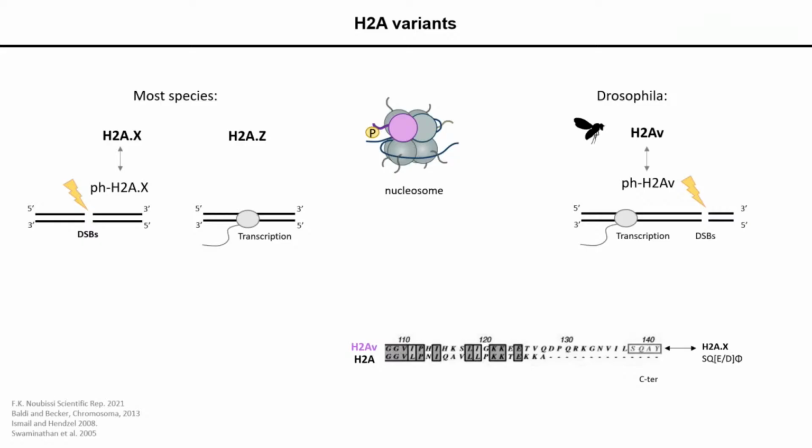And very strikingly, in Drosophila, there's only one H2A variant called H2AV that is combining both features of X and Z. And very interestingly, in terms of sequence conservation, you can see that H2AV is more similar to H2AZ in terms of sequence, but in the C-terminal tail, there is a phosphorylation motif very similar to H2AX.